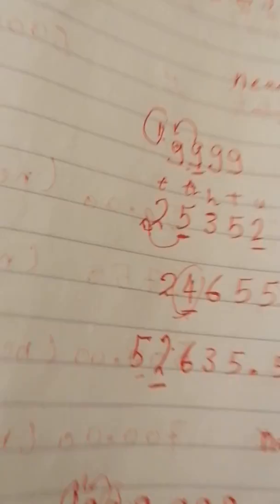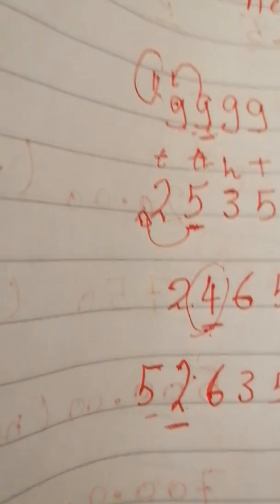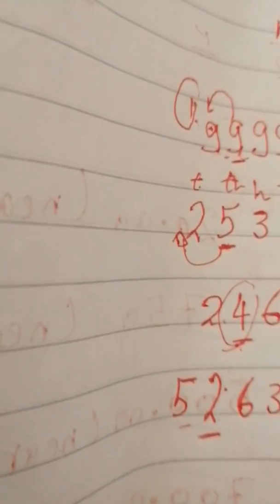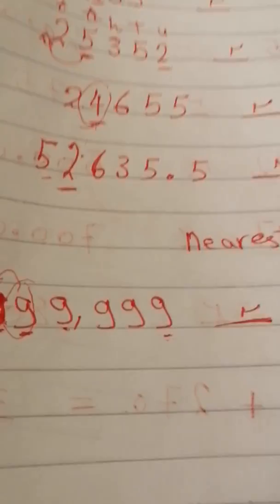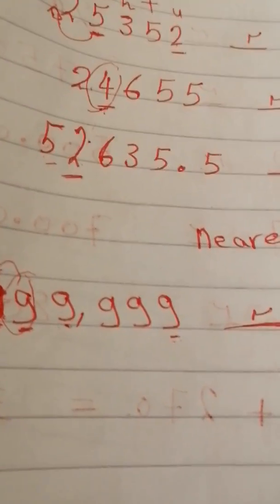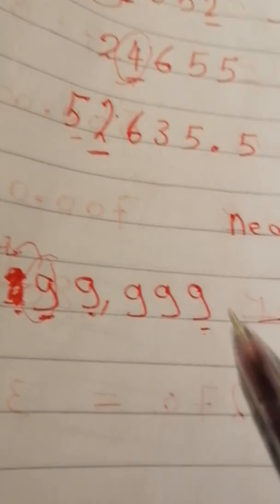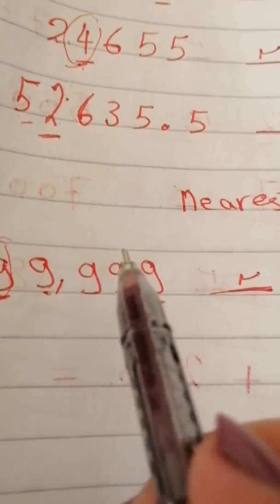What about the nearest 100,000? If the number is 99,999, all the numbers from the units go back to 0.